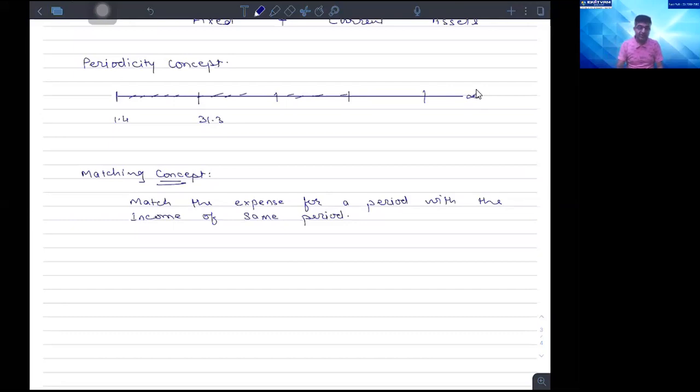There can be a situation where you have received the benefit from a person, from an individual, but you have not made the payment to them. But that is related to the income that you have generated during the current year. So if that's the case, how to deal with such situations? That's what is talked about in the matching concept.